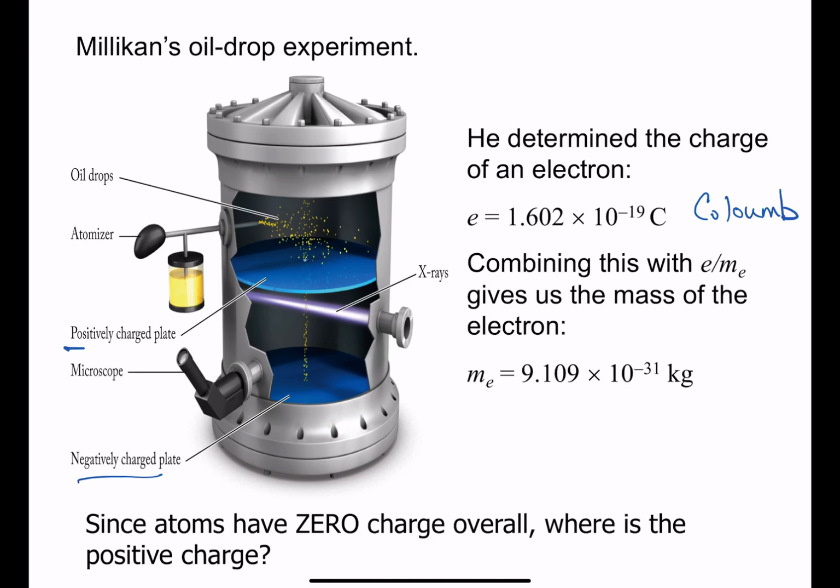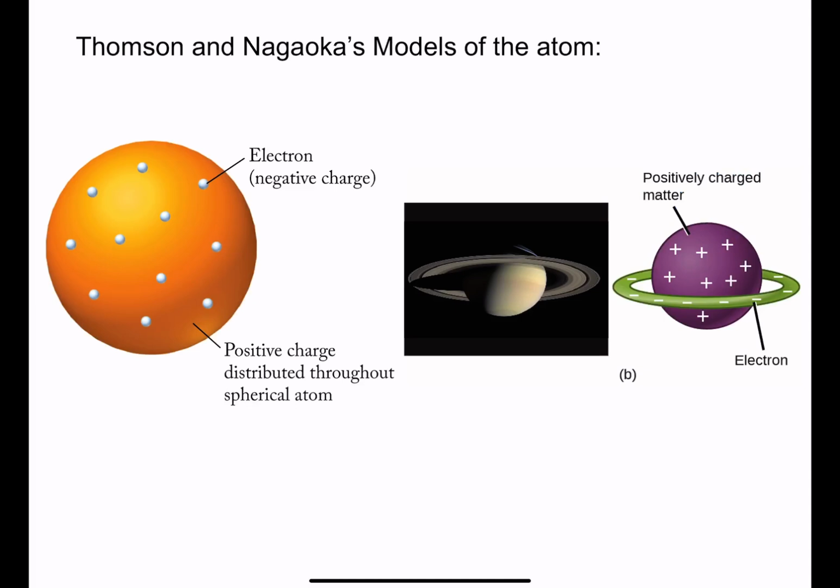Also, at the time, since atoms have zero charge overall, where's the positive charge? So we have evidence of negative charge coming out of all atoms that were originally uncharged. Where's the positive charge? Several researchers were thinking about modeling what this would look like. J.J. Thomson thought of it as a plum pudding model, right?